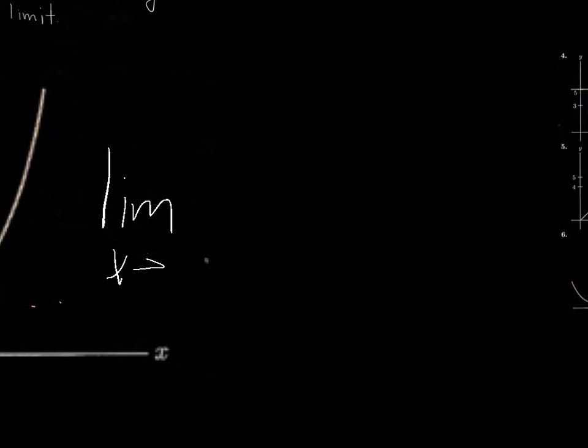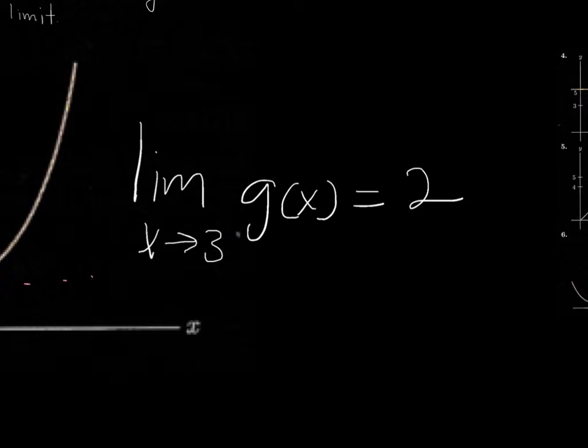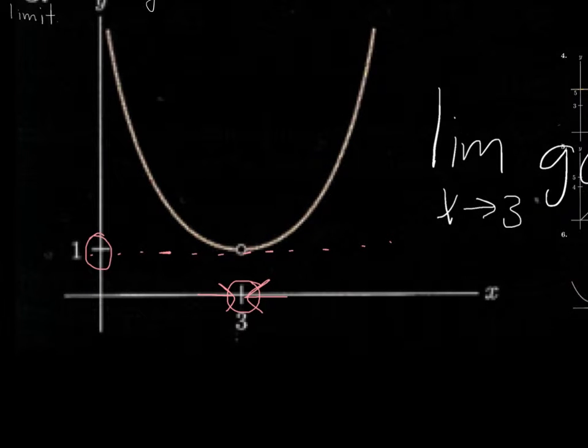The limit as x approaches 3 of g of x equals 1. And that's because this value here is 1. Alright, moving on to the next one.